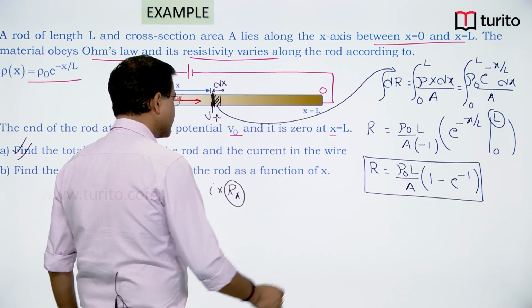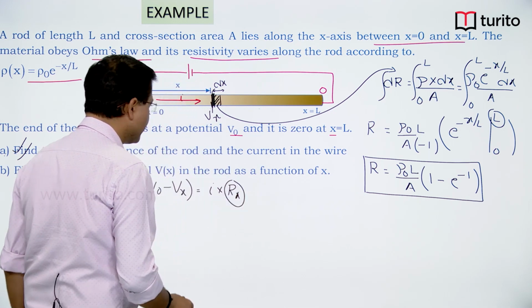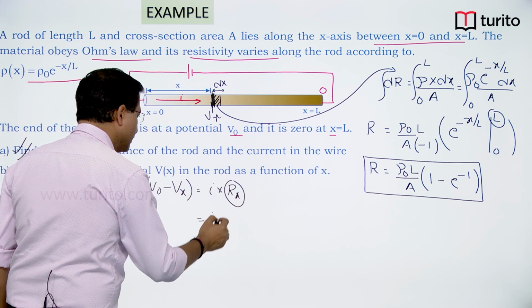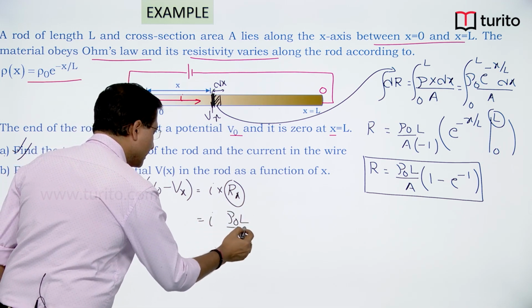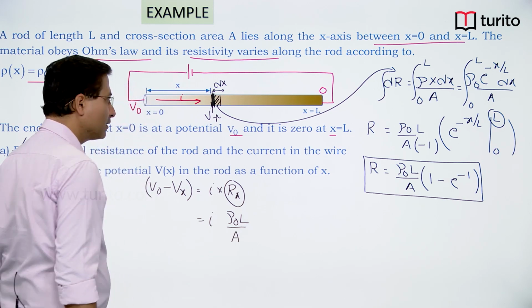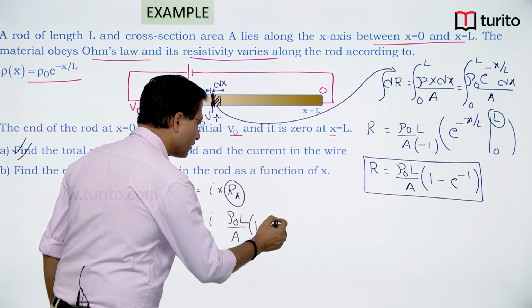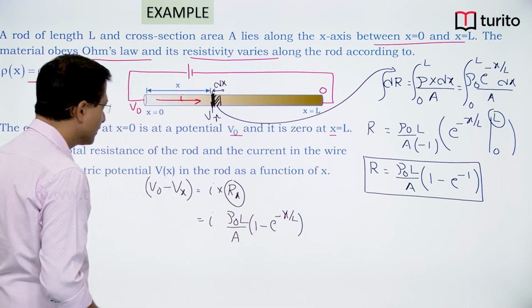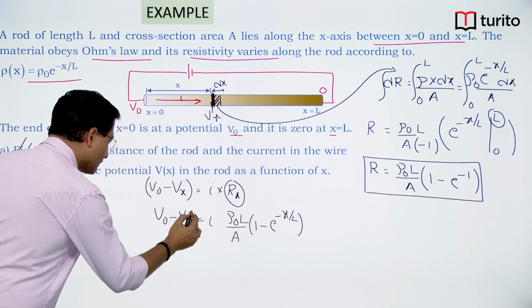So, after changing the limit, I can write current into the resistance up to x, rho naught L by A, 1 minus e to the power minus x by L. This is V naught minus Vx.